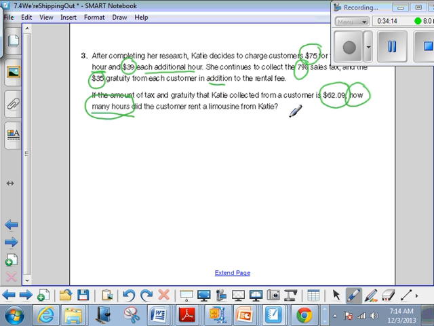We know that the final price, and I'll just use an F for that, is equal to her $75 fee for the first hour, and then $39 for each additional hour. So every hour except for hour 1. So we're going to have to use these two equations to find the total amount.